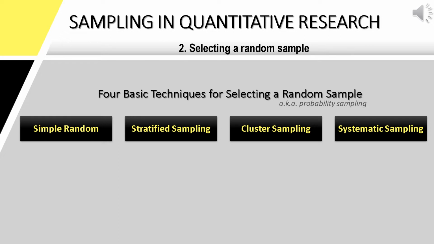Okay, so these sampling techniques permit the researcher to specify the probability or chance that each member of that population will be selected for the sample. Kaya tayo gumagamit ng techniques. So each technique requires the same basic steps. Identify the population, determine the required sample size, and select the sample, which are these 4.